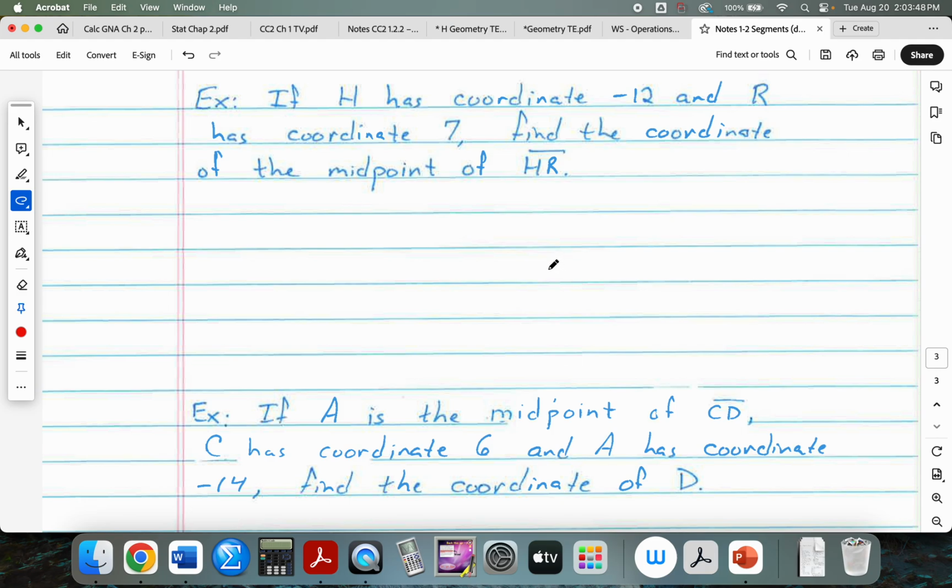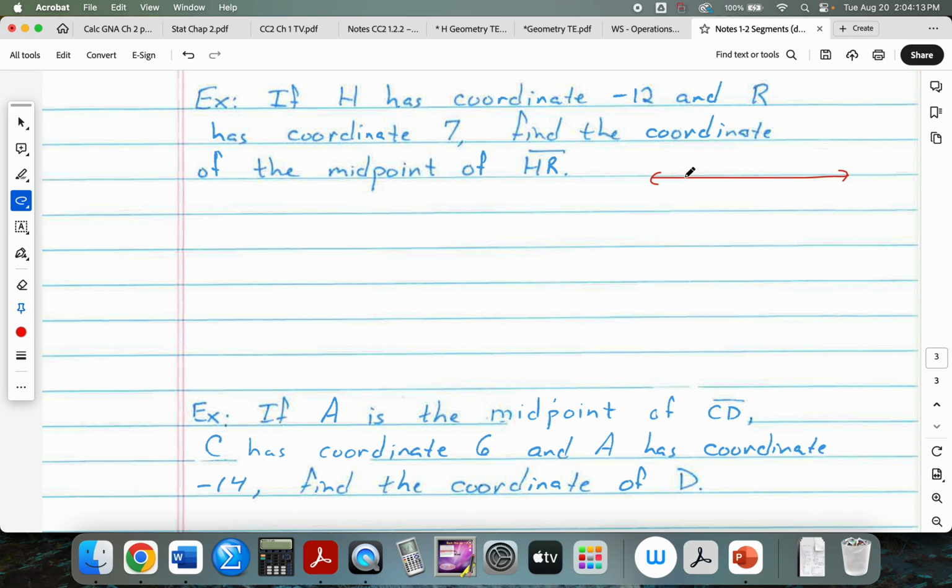So here it says H has a coordinate of -12 and R has coordinate 7. We want to find the coordinate of the midpoint of HR. I don't require a diagram on these. You can do it pretty easily without one. If you want to make a diagram, that's fine. I don't even put all the little marks.